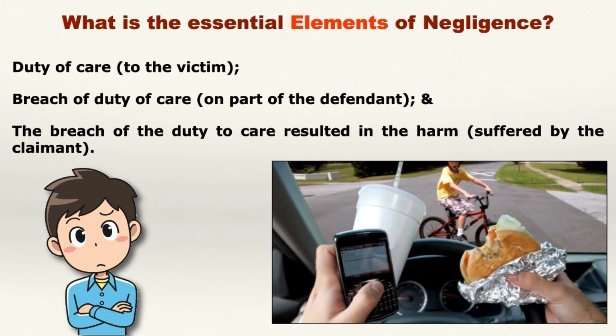Don't you think so? And see, in front of him there is a child on his cycle. So if he won't pay attention on the road, what will happen? You know that. So now let's check out all these three essential elements through this image.